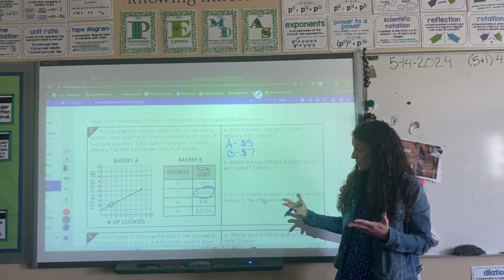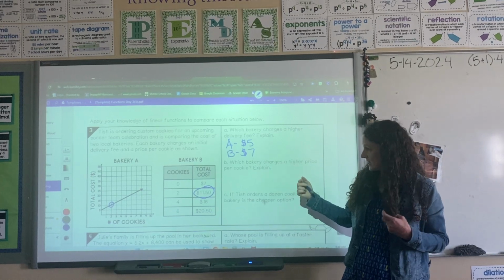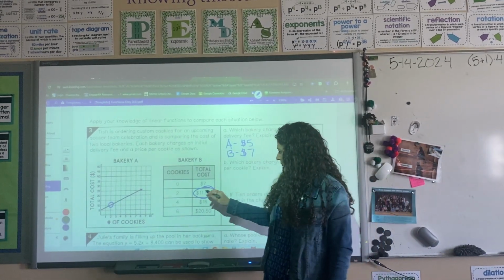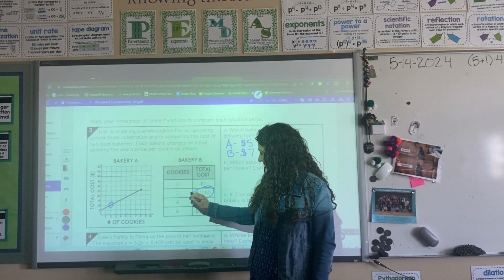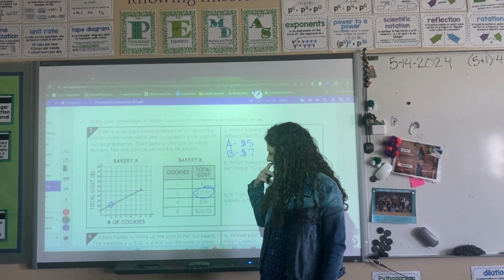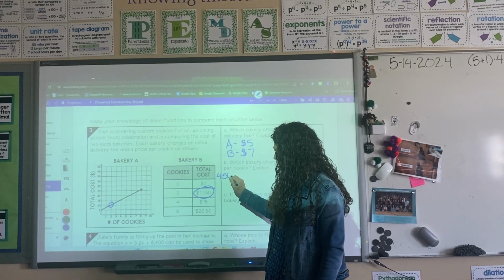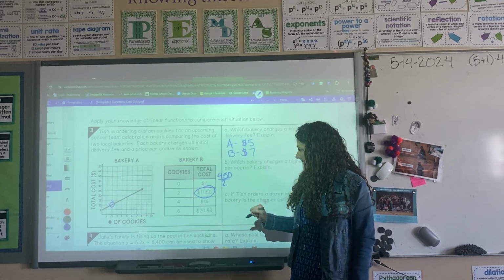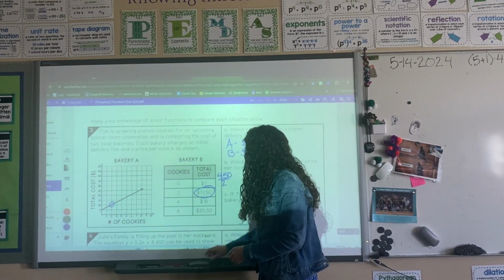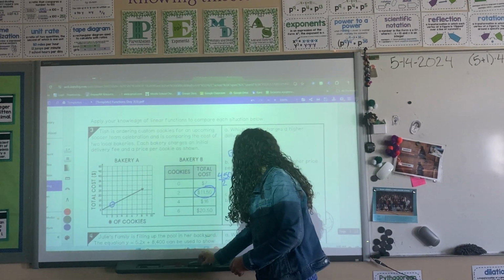But we can't just compare the cost. We need to look at the rate of change, okay? So to go from 0 cookies to 2 cookies, how much does the price go up? Really, this is $4.50 for 2 cookies for Bakery B. I'm gonna do Bakery A in green so that we can tell the difference between them.